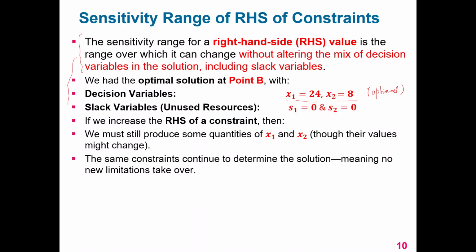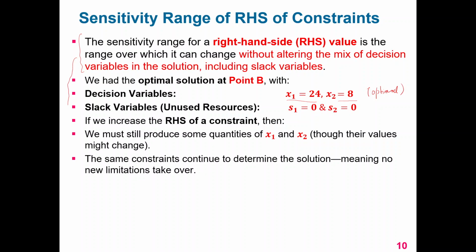Similarly, we saw in our previous slide that point B was the optimal point, and point B was found by the intersection of the clay and the labor constraint. So these two constraints were the main constraints that helped us identify the feasible region, and they were used to identify the optimal point.